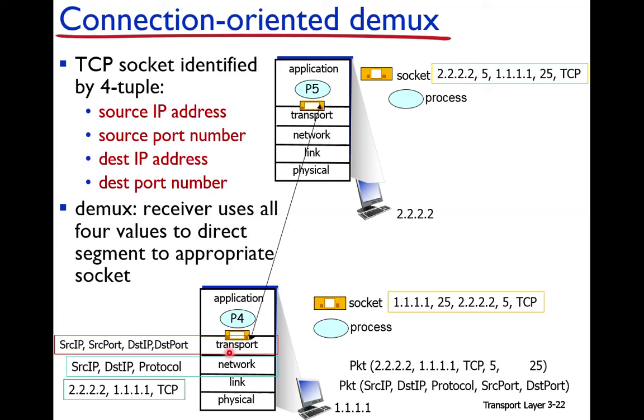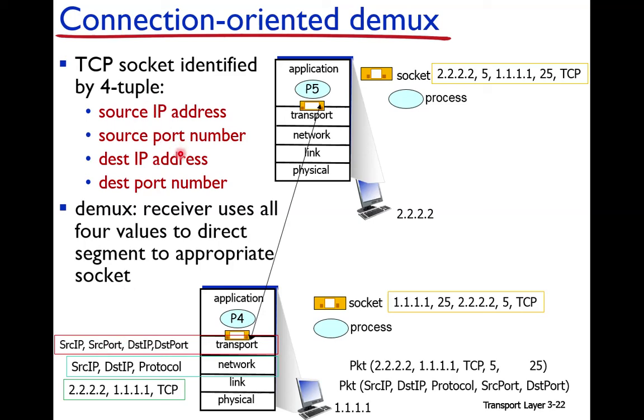To decide whether the packet should be given to TCP or to UDP at the transport layer, the network layer decides based on the protocol value. The protocol value in the packet is TCP, so the network layer will pass this packet to TCP at the transport layer. So the packet is received at TCP in the transport layer. Okay. So TCP at the transport layer will examine four things, four tuples.